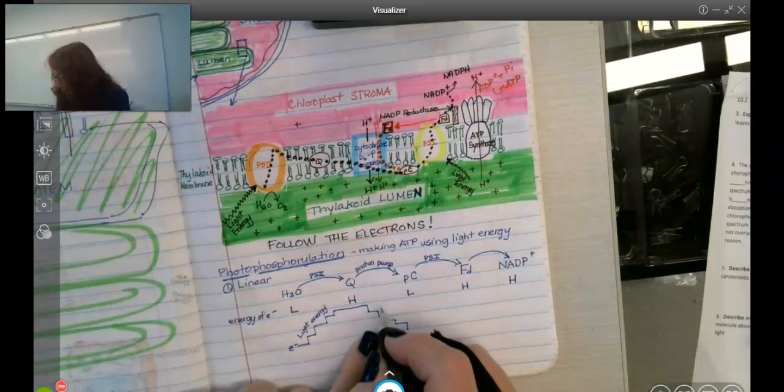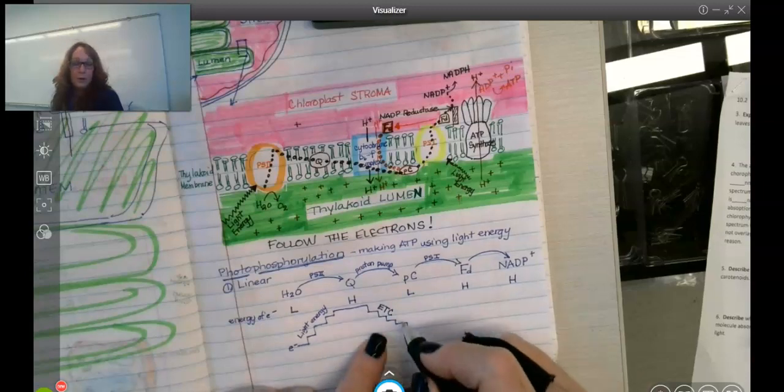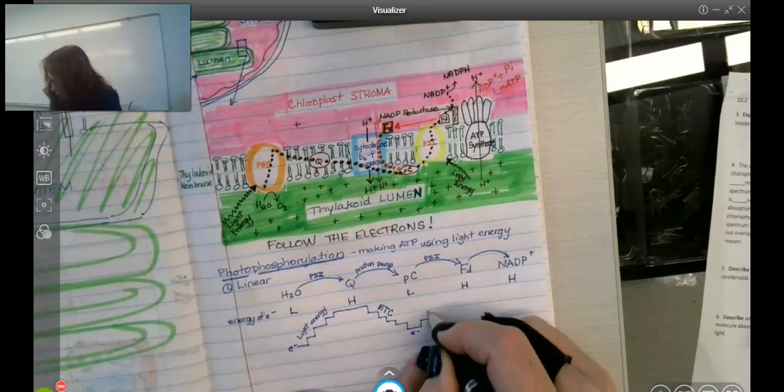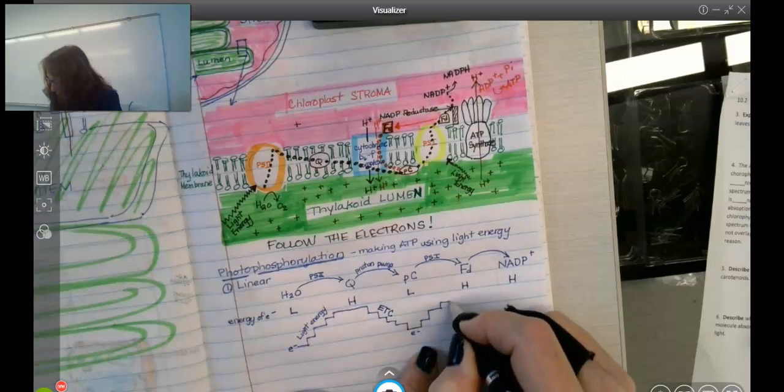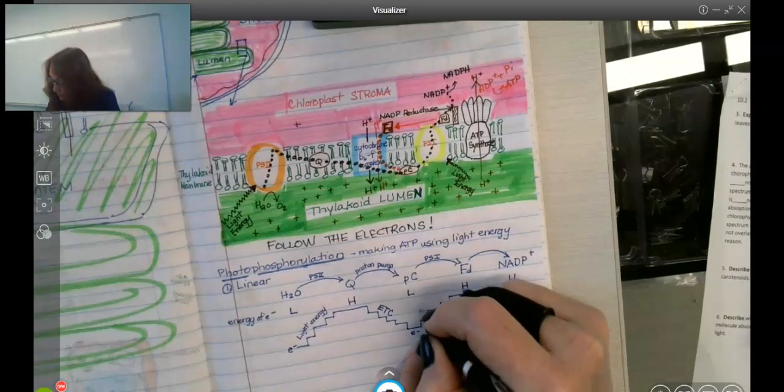This is where we use that drop in energy through an electron transport chain. So we're back to being low again, and we're going to step up the energy again, and we're going to use light energy.